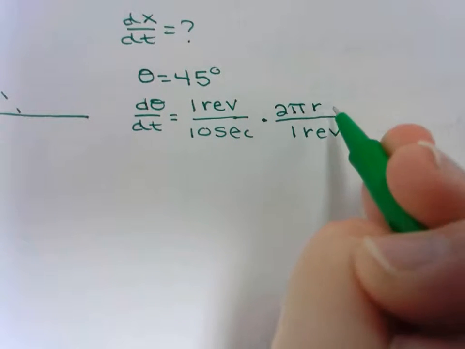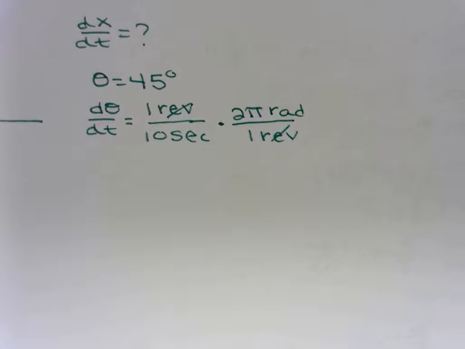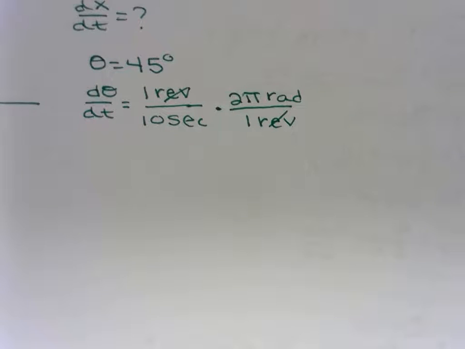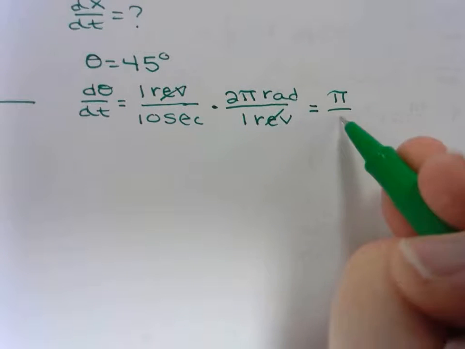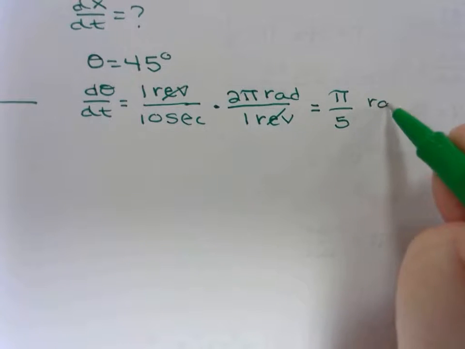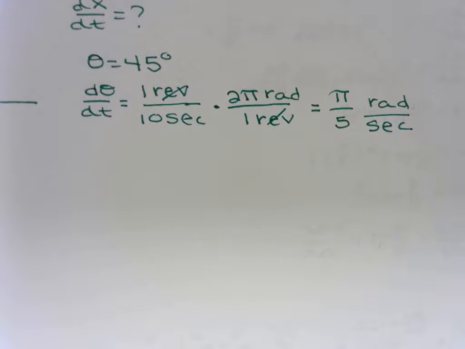My revolutions will cancel, which gives me radians on top, and we already have seconds in the denominator. So it's just going to be pi over 5 radians per second. That is how I get my d theta dt, which is a stretch. I get it. Like I said, I'm doing some of the harder ones with you, getting it started. The other ones you can figure out from the information they give you.